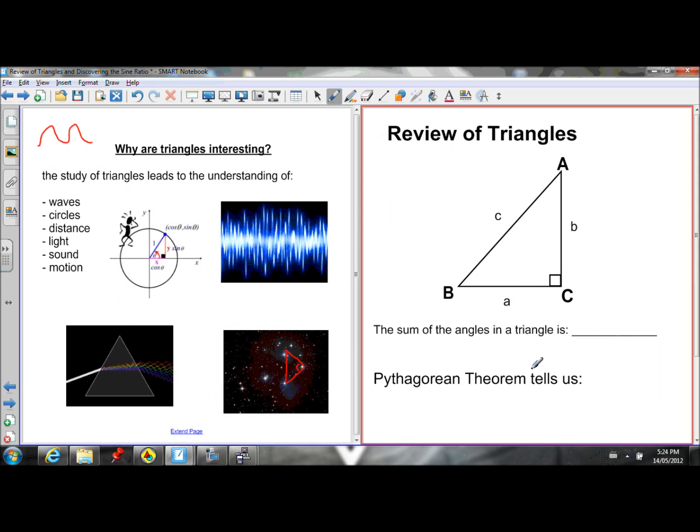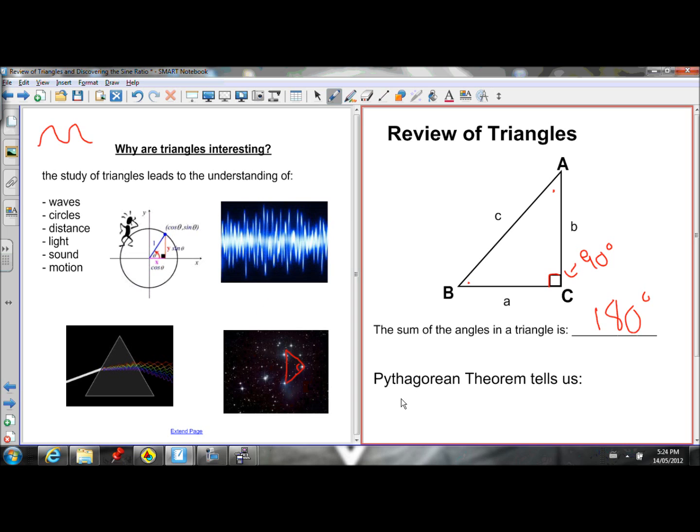Okay, so let's start off just quickly reviewing a couple of key principles about right angle triangles. We know that the sum of all angles in a triangle, so this angle A plus angle B plus angle C, has to add to 180 degrees. And we know that this little square box here indicates that that is 90 degrees, which makes this a right angle triangle.